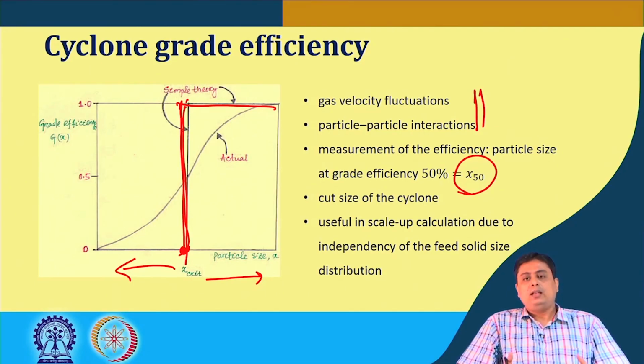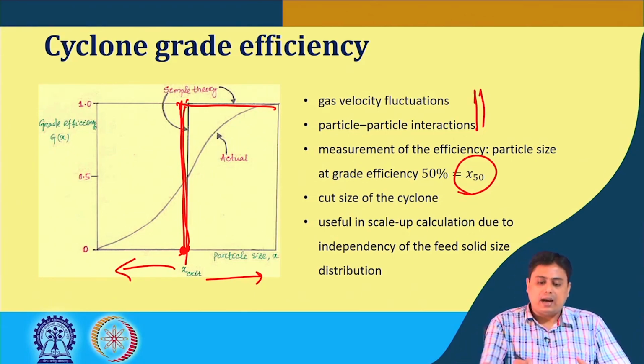That does mean that for larger quantities of particle, 50% of the particle that is higher than this size will be collected as the coarse product. So, this x 50 is also called as the cut size of the cyclone.